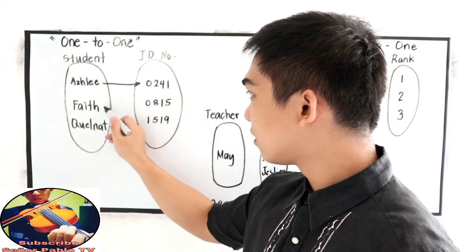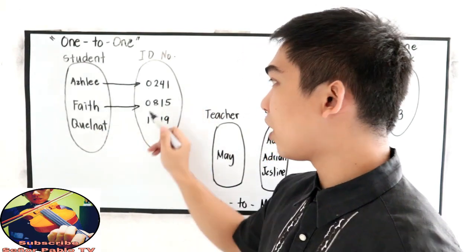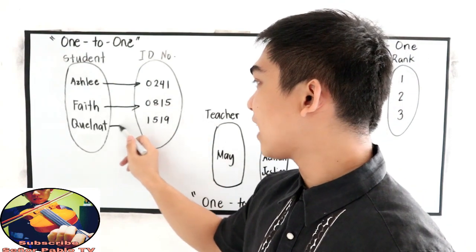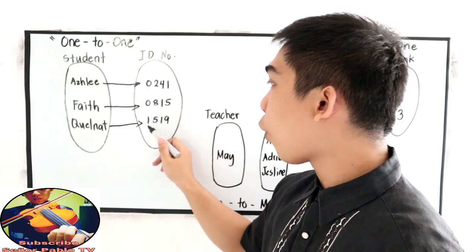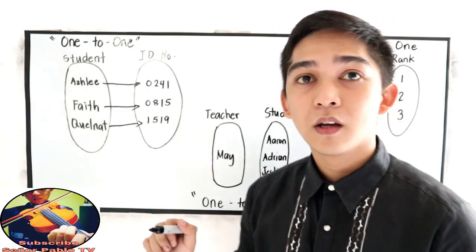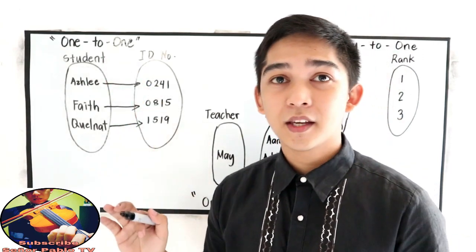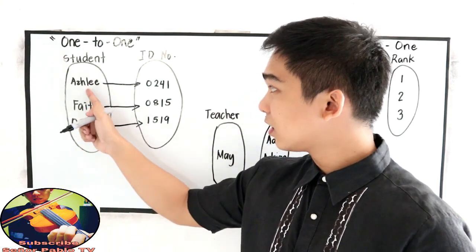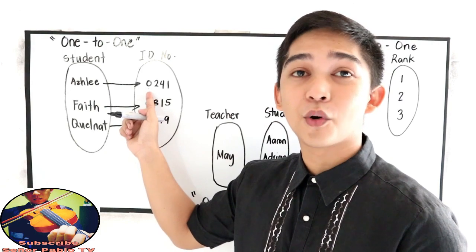For Faith, ID number of 0815. And for Kelnat, we have 1519. We say one-to-one if we have one distinct element for X and a distinct element for Y.